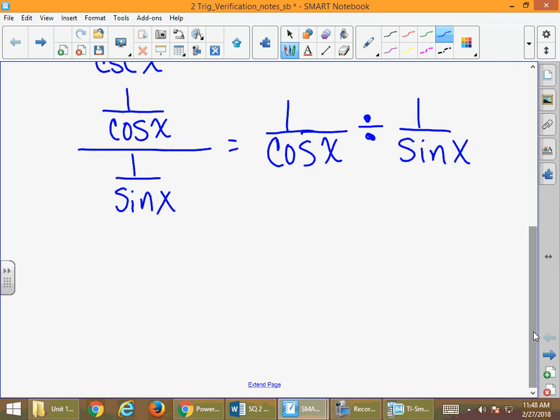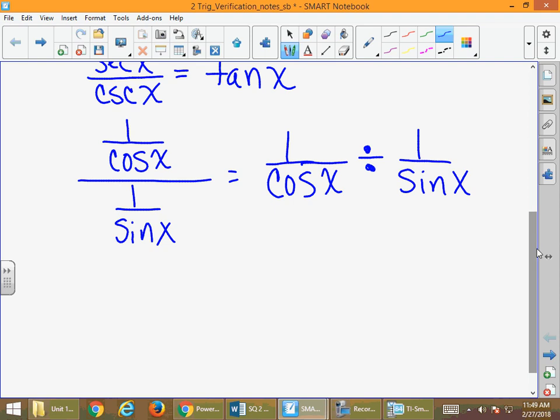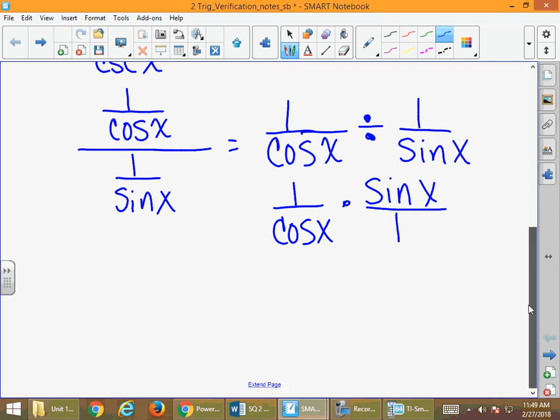When dividing, don't ask why, flip the second one and multiply. So this becomes 1 over cosine of x times sine of x over 1. When we multiply, we multiply the tops of the fractions together, and we multiply the bottoms.